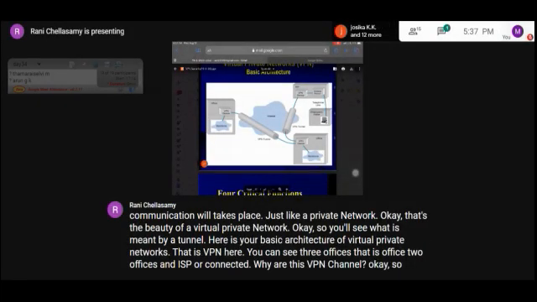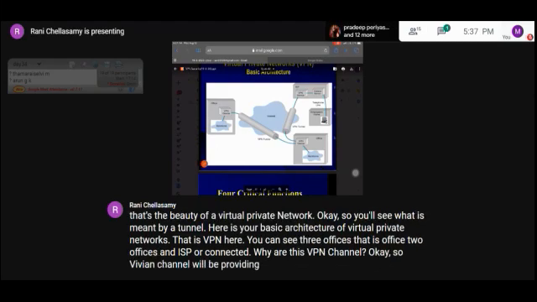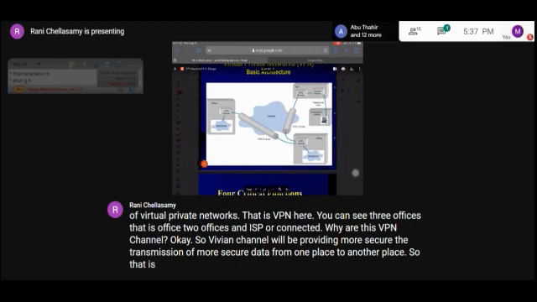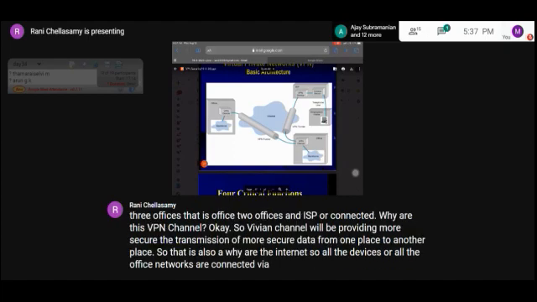The VPN tunnel provides more secure transmission of data from one place to another. That is also via the internet. So all the devices or all the office networks are connected via the internet through the VPN tunnel.